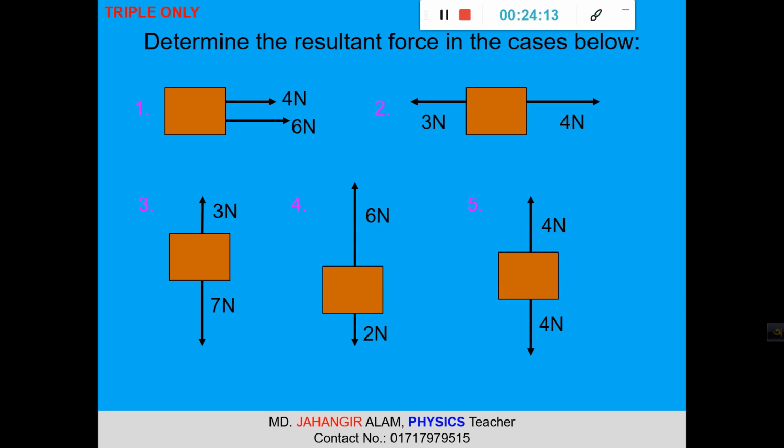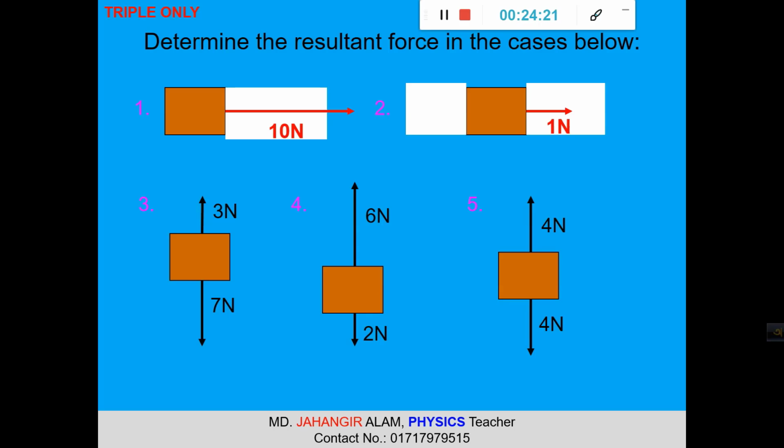Question number 2, 4 Newton acts in the right direction and 3 Newton force acts in the left direction. So the resultant force will be 1 Newton to the right direction. Question number 3, 7 Newton acts downwards and 3 Newton force acts upward. So the resultant force is 4 Newton downwards.